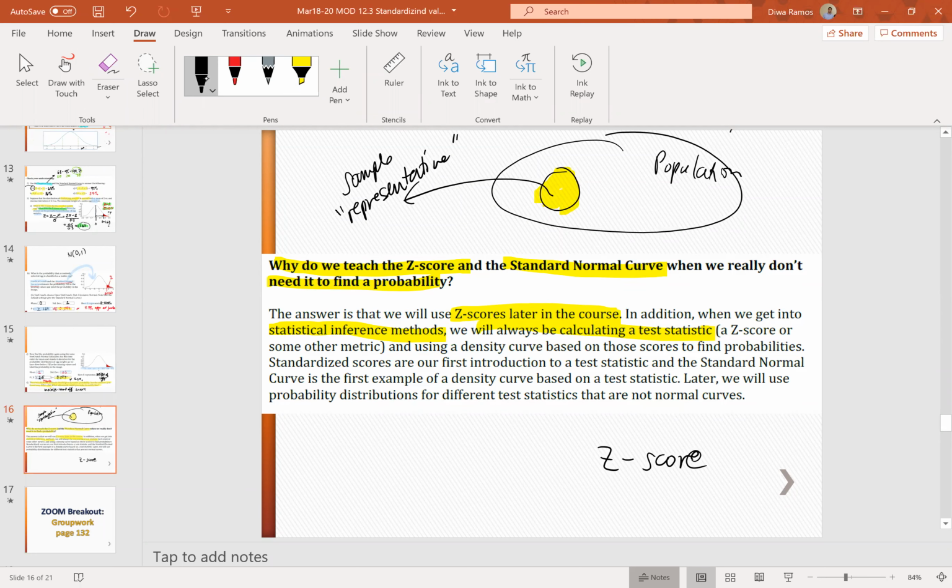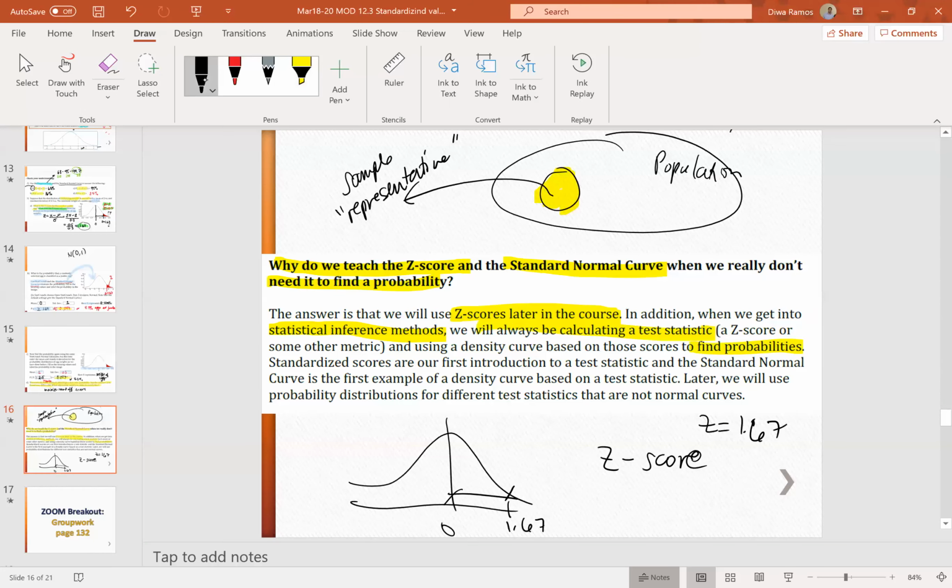In order to calculate probabilities, it's easier that way anyway, because if we know the z-score, we know how far it is from the center. So if it's 1.67, we know that it's about that far away. If the z-score is 2.1, you know that's beyond 2 standard deviations, that's already unusually high.